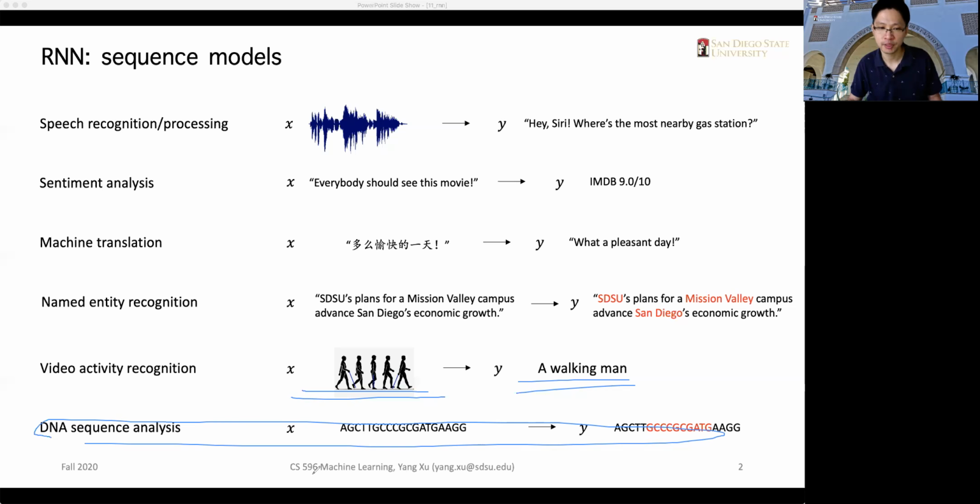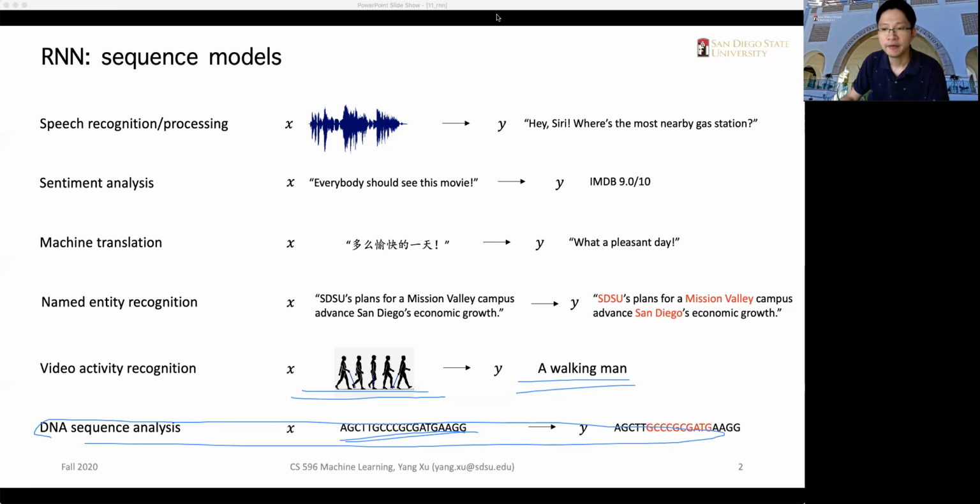For example, the sequential information encoded in DNA sequences may be related to some diseases or to some biological features that scientists are interested in. Then an RNN is able to model those mapping relationships.